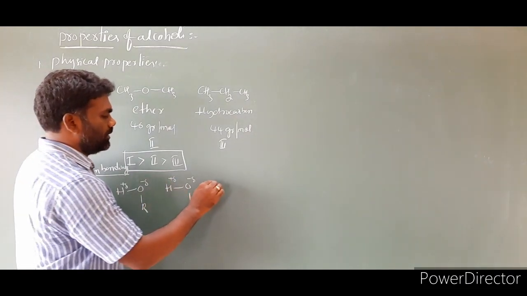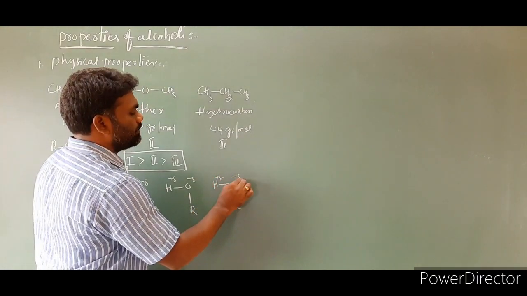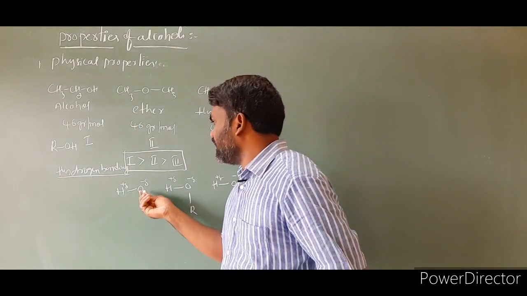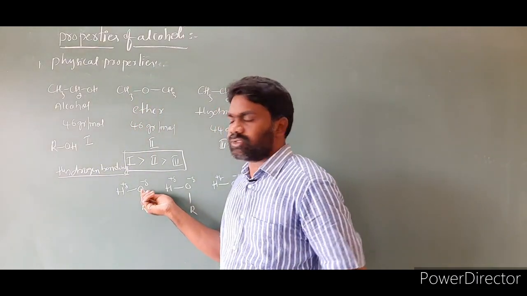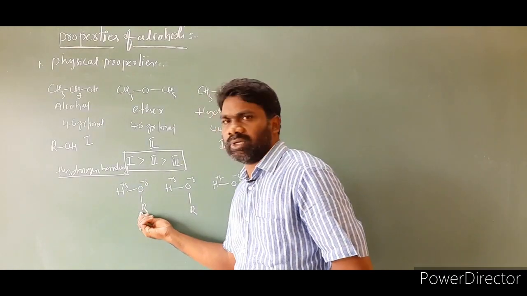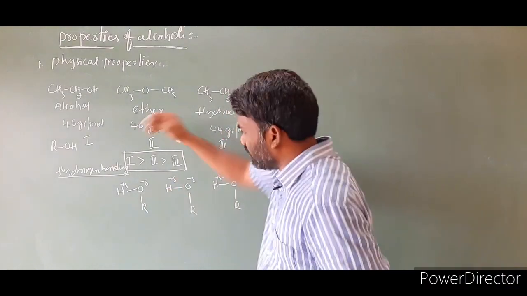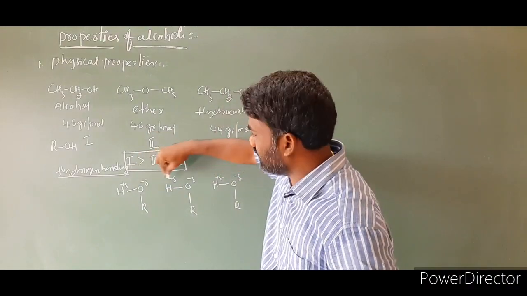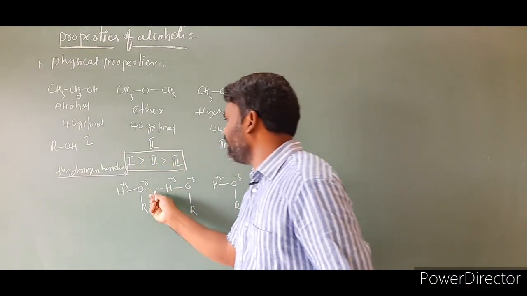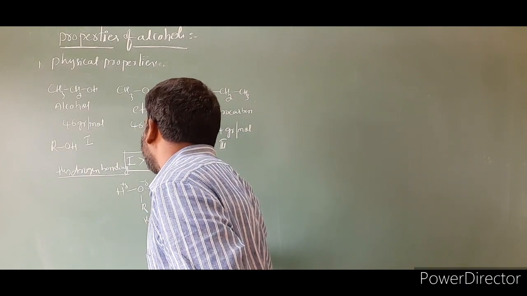I am taking one more HOR. Partially positive, this is partially negative. Now look at this molecule. Oxygen is a more electronegative element, so it is partially negative. The oxygen of one alcohol molecule attracts the hydrogen of another alcohol molecule. This is partially negative, this is partially positive. Between them a force of attraction is developed. This bond is called a hydrogen bond.